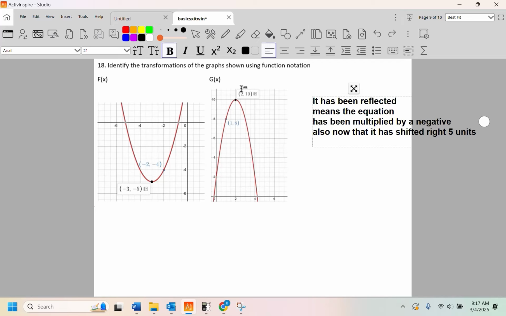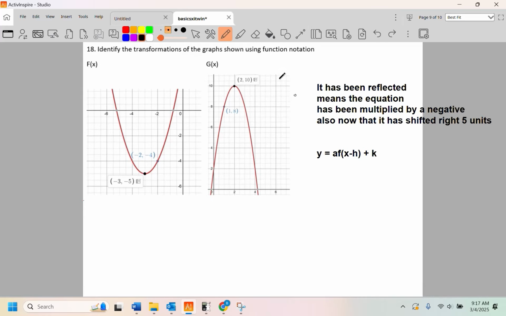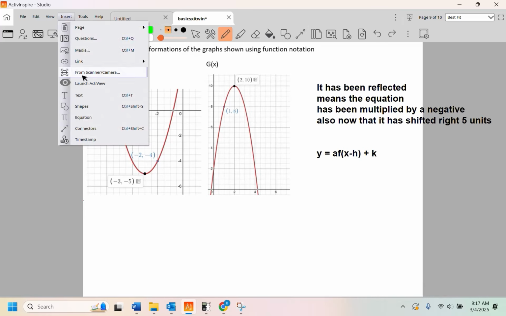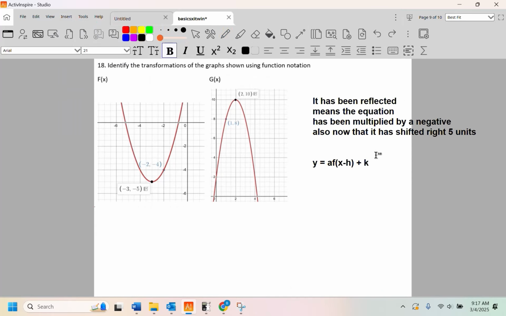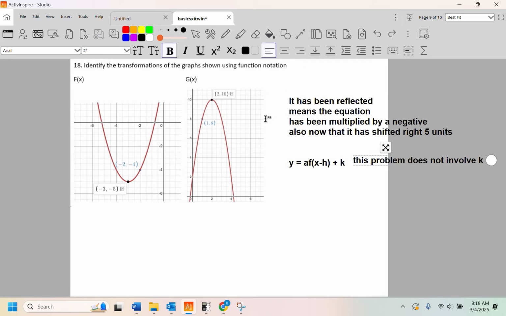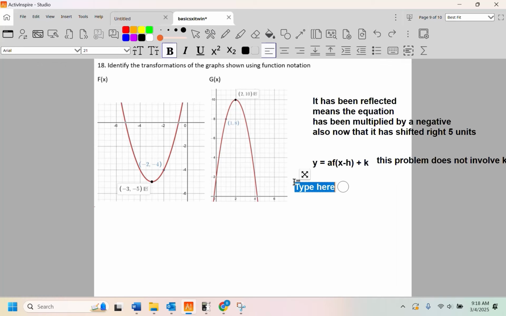All right, so let's talk about a form. The form we use is y equals a times f of x minus h, and then plus k. And I am not worried about k right now. I'm legit telling you that. I am not worried about k. This problem does not involve k. If a kid glanced at this, they would think that it does involve k, because k is the vertical shift.